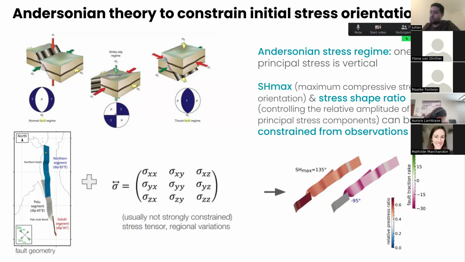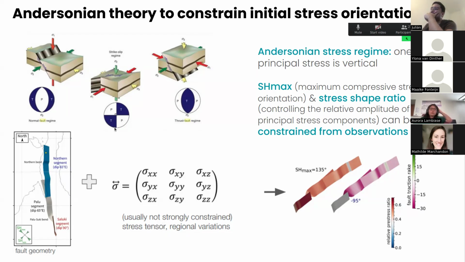To define completely an Andersonian stress regime, we need to know the orientation of the maximum compressive stress, SHmax, and we also need the stress shape ratio, which controls the relative amplitude of the principal stress components. This can be constrained from observations.